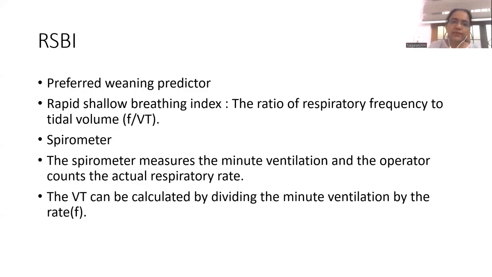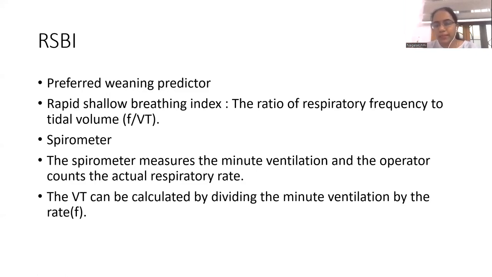This is a preferred weaning predictor. This is the rapid shallow breathing index, which is the ratio of respiratory frequency to the tidal volume. So this is measured by the spirometer, or if the patient is connected to the ventilator, we can look for the tidal volume and the respiratory rate and calculate the RSBI. The spirometer measures only the minute ventilation and the operator counts the actual respiratory rate.